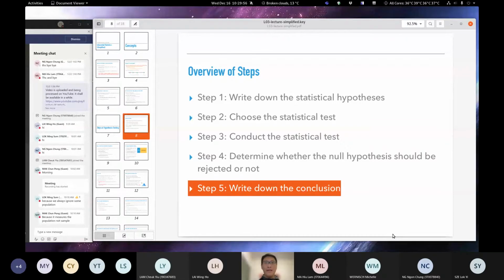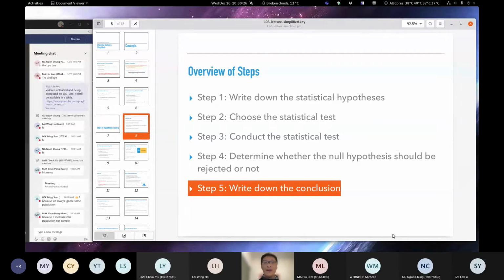The most important thing here is that after you get the answer to the yes/no question to your hypothesis test, you need to write down the conclusion. And the conclusion is not only about the yes or the no. The conclusion is what it means to your research, or what it means to the answers to your research questions.